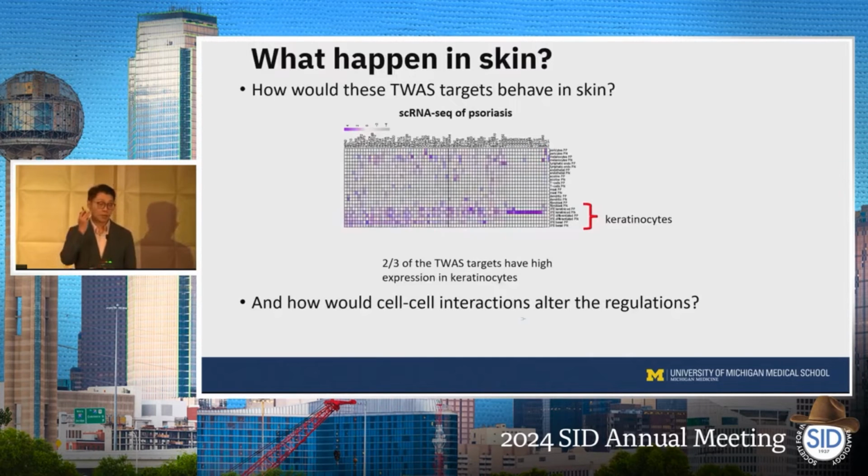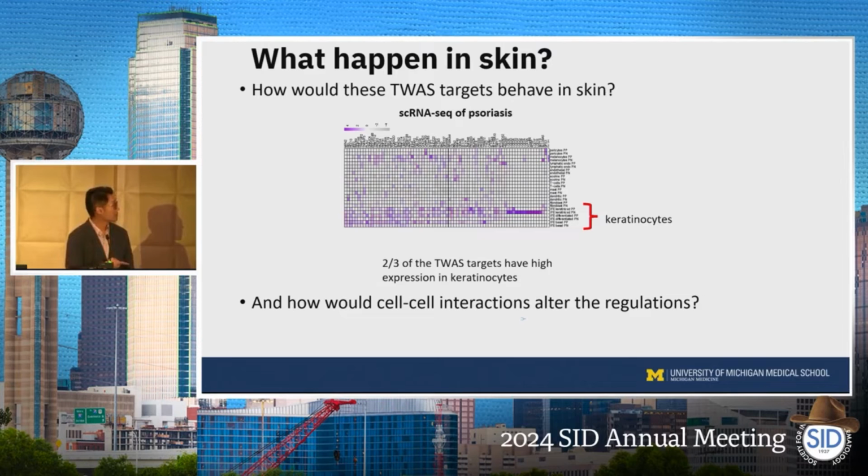First, we have a list of TWAS target genes from this TWAS analysis, for which we used keratinocytes to do the model training. With these TWAS target genes, we just do a sanity check. The x-axis represents all these TWAS target genes, and the y-axis represents the single cell data that we just shared.